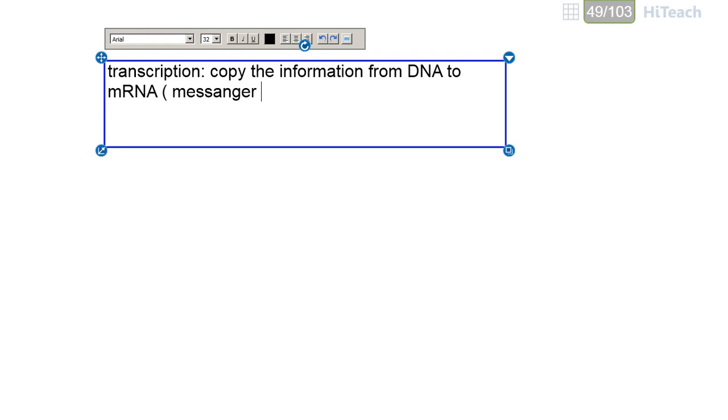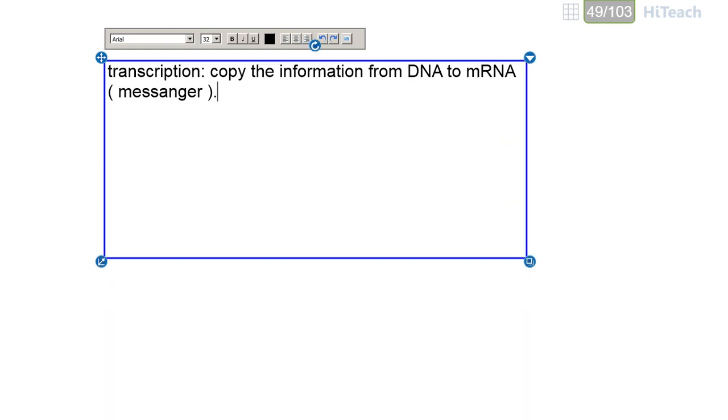I'll stop here for today because I want to talk about the transcription process step by step. Then this information will be translated. Translation is the next step of making a protein. We will talk about it and its definition later.